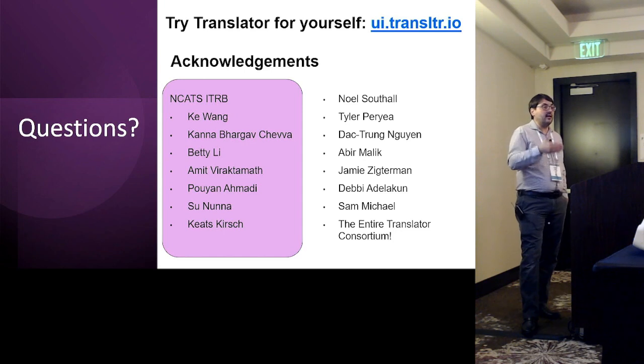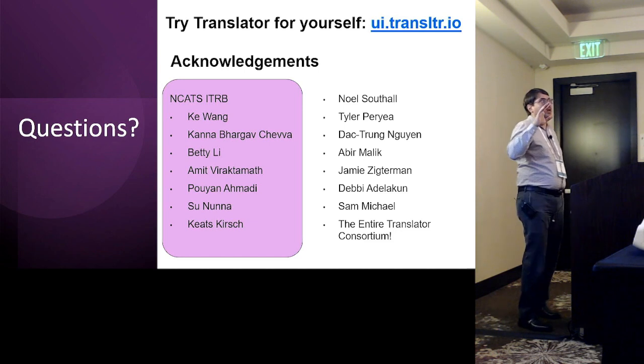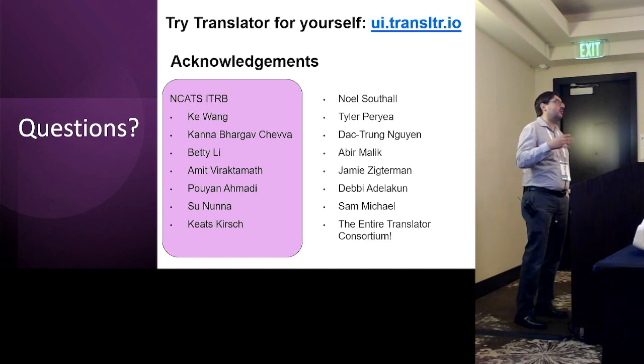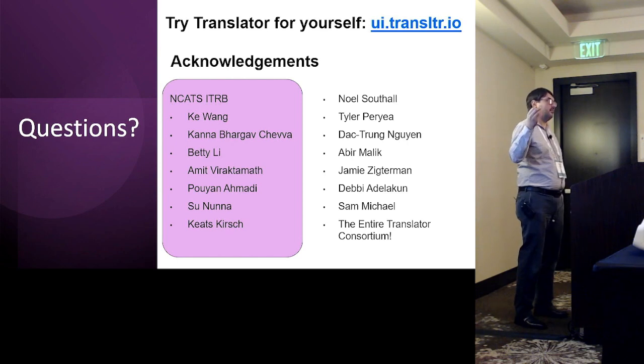But that said, I think our next set of users are going to have to be real researchers who don't have any background in computational biology, any background in graphs, anything like that. We want to bring the people who work at the bench to Translator. And I think those early career investigators and postdocs and people like that are really the ones that we expect to utilize a system like ours.